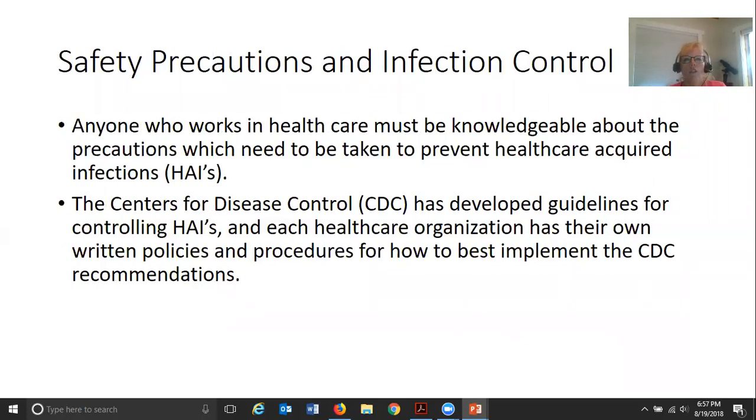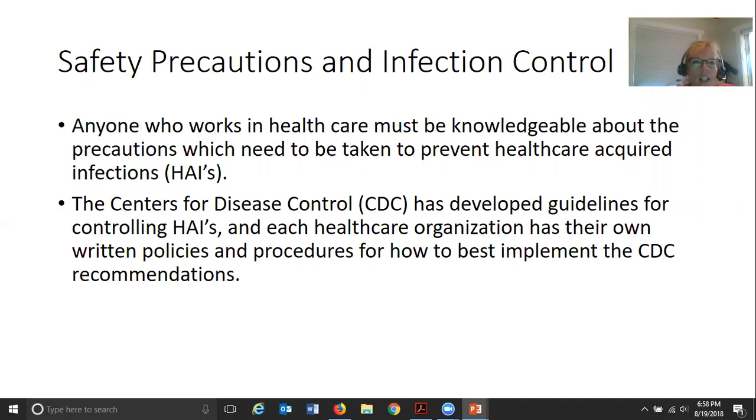So, safety precautions. We have to know what we need to do to prevent healthcare acquired infections, HAIs. When we define healthcare acquired infections, that means not just infections that we can get from patients, but also that patients can get from us. So for instance, if you come to work with a cold, chances are you're going to be asked to wear a mask.